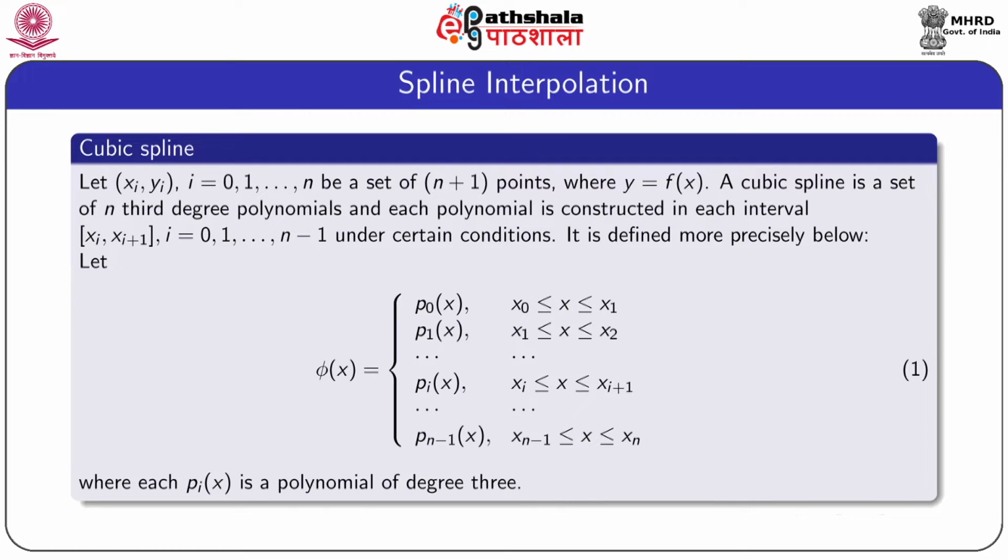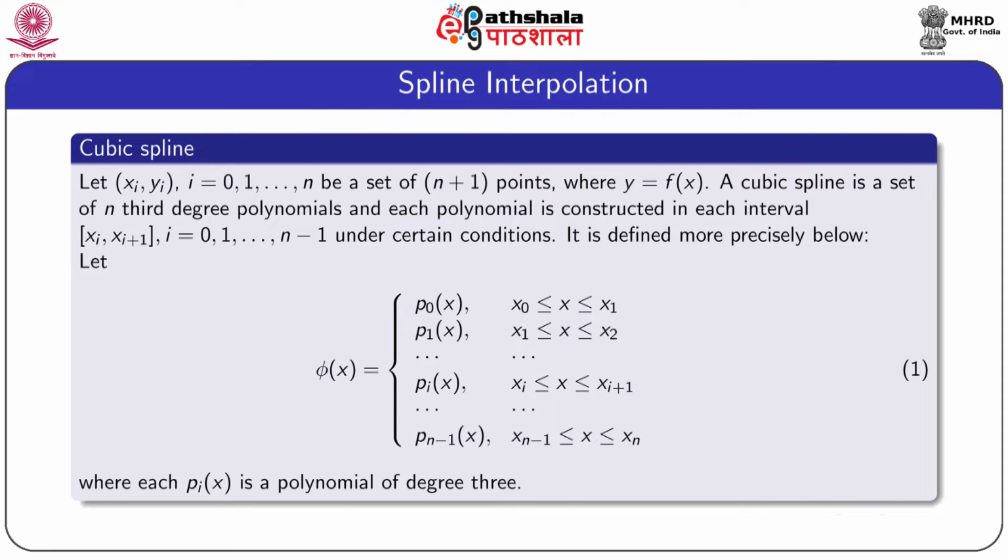The function phi(x) is defined as p_0(x) within the interval [x_0, x_1], where p_0(x) is a polynomial of degree 3, and p_1(x) is another third degree polynomial which is defined in the second interval x_1 to x_2. p_i(x) is another polynomial of degree 3, defined in the interval [x_i, x_{i+1}].